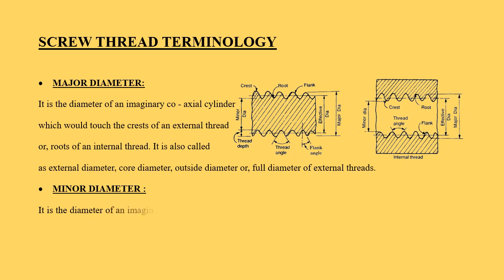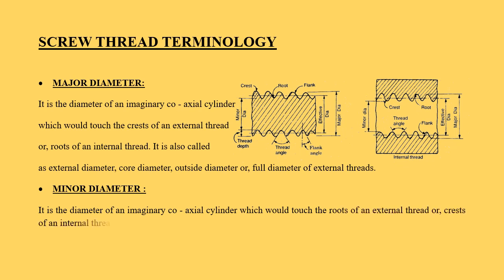The minor diameter is the diameter of an imaginary coaxial cylinder which can touch the roots of an external thread or crests of an internal thread.